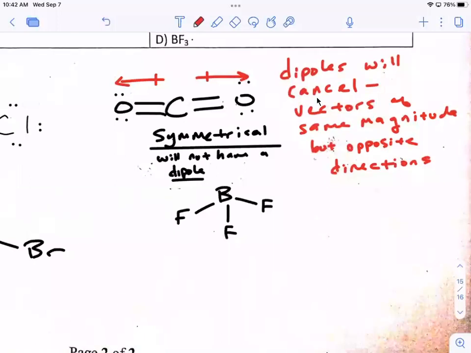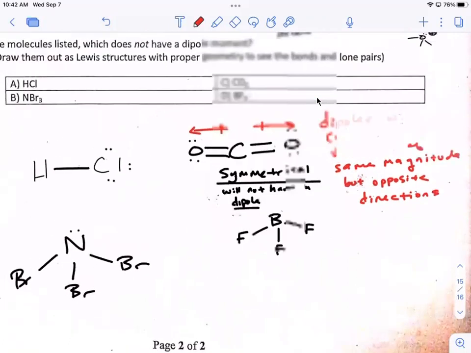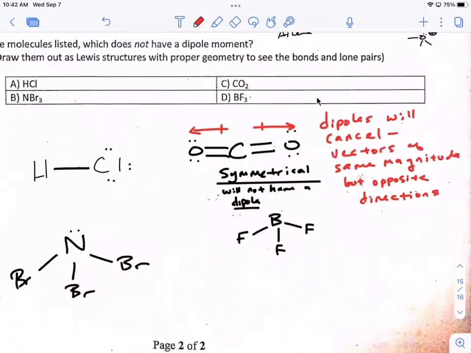Same magnitude, opposite directions. All right, questions about that? So that will not have a dipole because it's symmetrical.